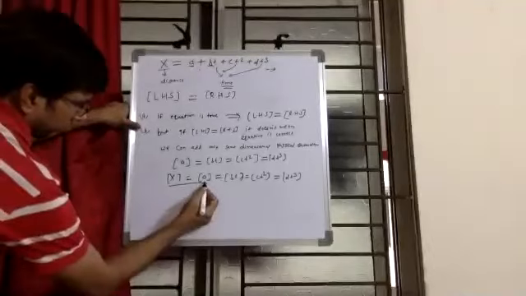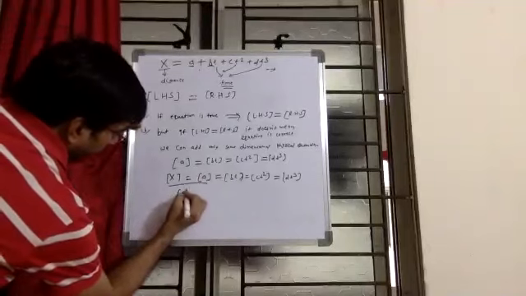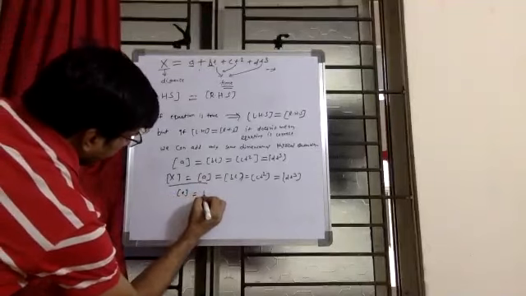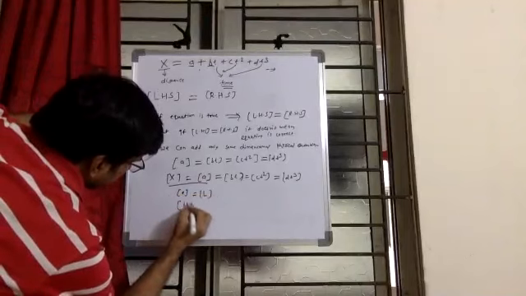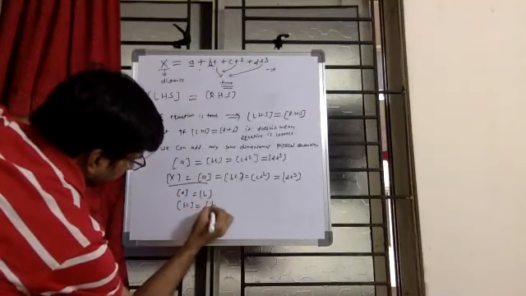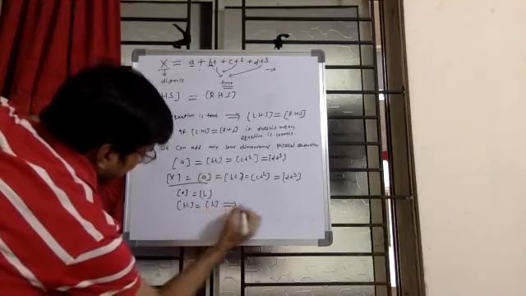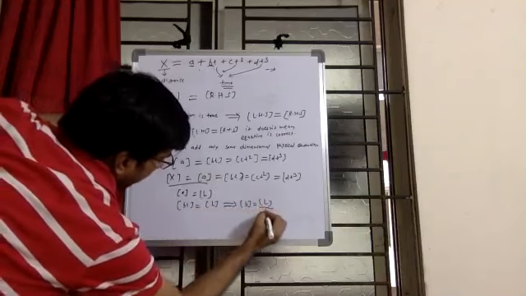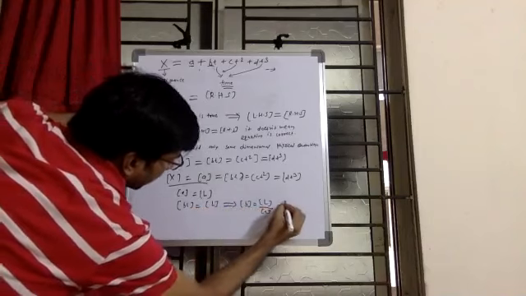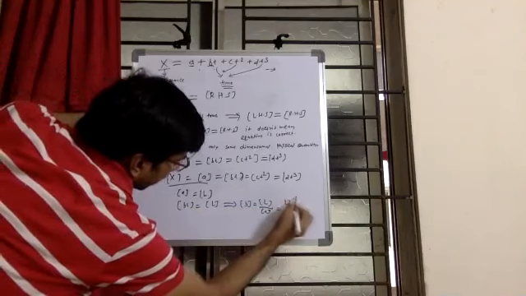No, sir, no doubt. It's clear. So dimension of A will be same as X, that is L. Dimension of BT will be same as L. This implies dimension of B will be L upon T, that is LT minus 1.